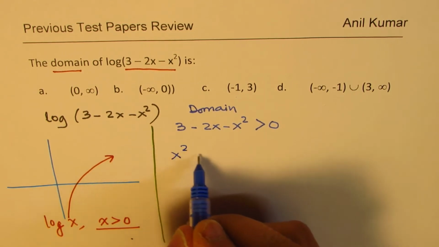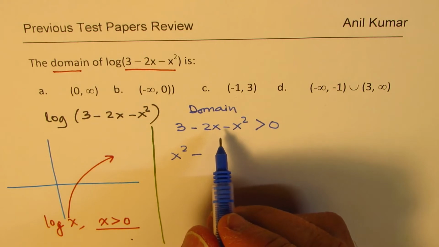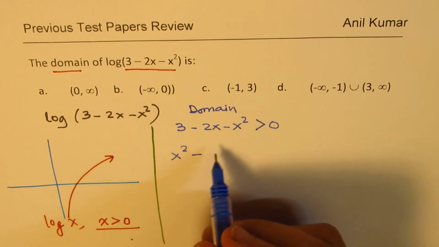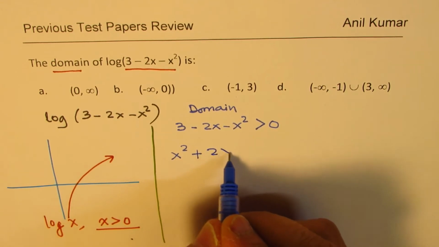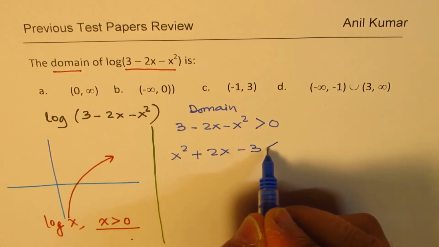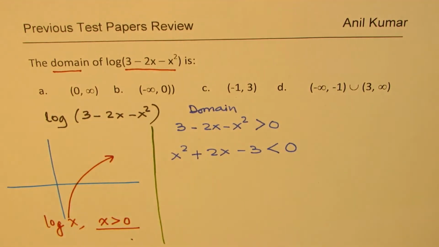I have x squared minus... I'm doing negative of all, right? So I get x squared plus 2x minus 3 less than 0. When you multiply by a negative quantity, the inequality changes sign. This is also what I wanted to take up, and so I purposely included this step here.